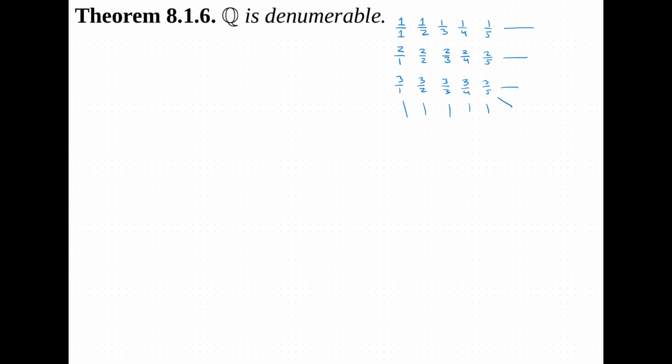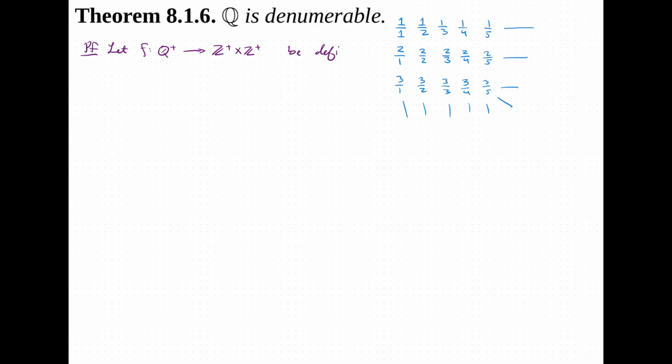So here's the proof. We're going to let f be a function, not from the rational numbers, but from the positive rational numbers to the Cartesian product of the positive integers with itself.